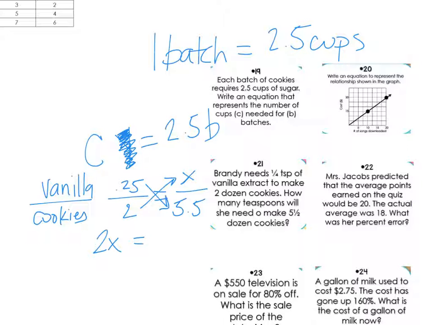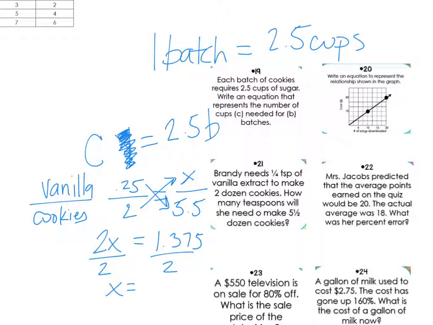2x equals, we've got to do what? 1/4 times 5.5. That's a weird number here, 1.375. What is that, 1 3/8? Divide by 2. Divide by 2. Again, what is my answer going to be? My answer is going to tell me how much I need in teaspoons of vanilla extract.